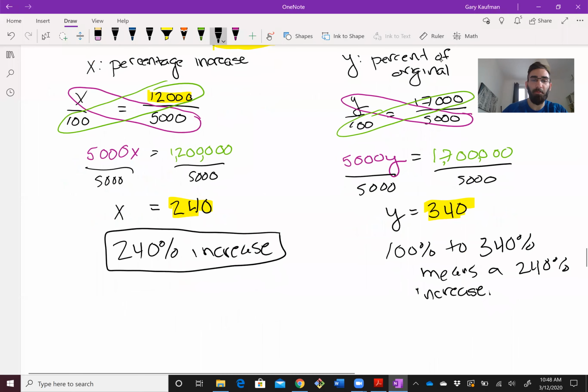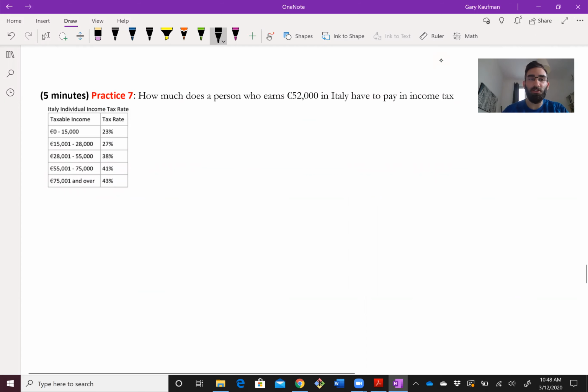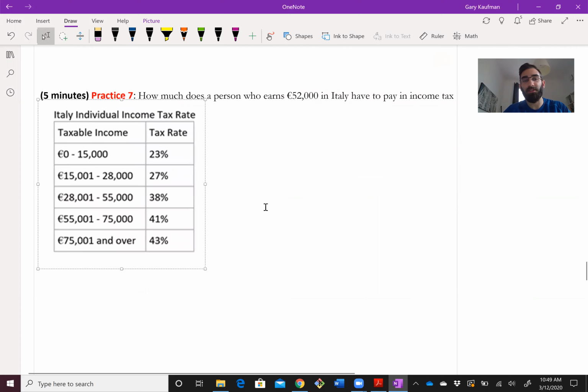All right. Now, this is going to be using this tax bracket right here. Let me make it bigger. Now, this is the actual tax bracket for Italy. So when we think about this and we see this, we're saying a person earns 52,000 euros.